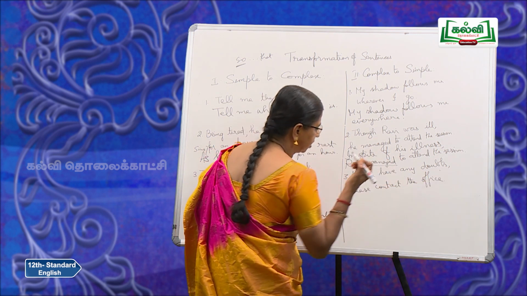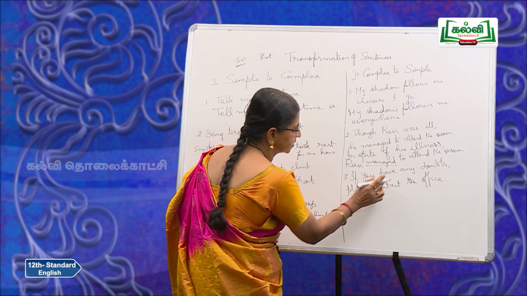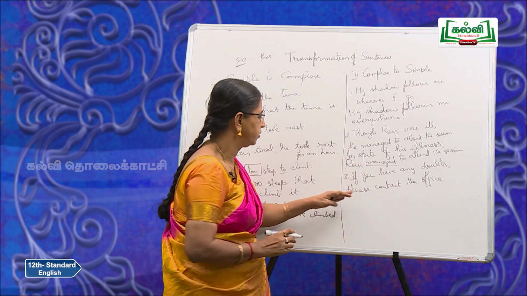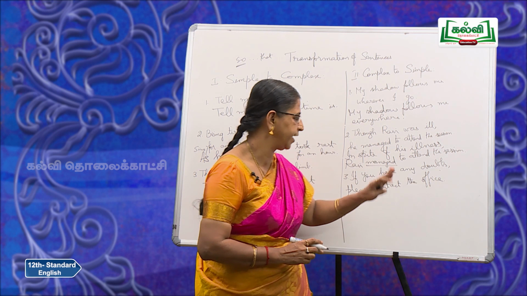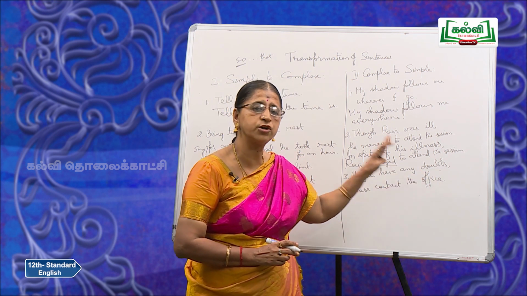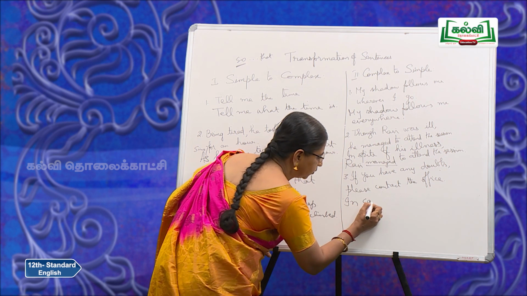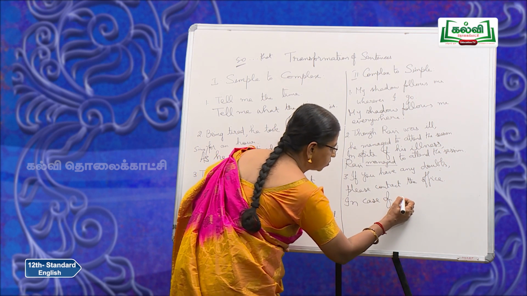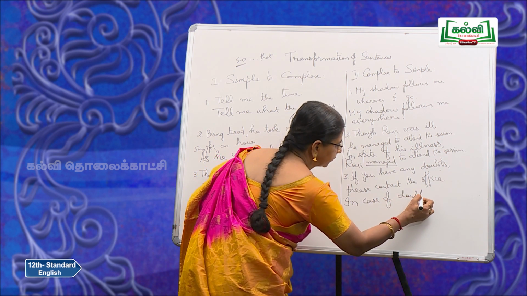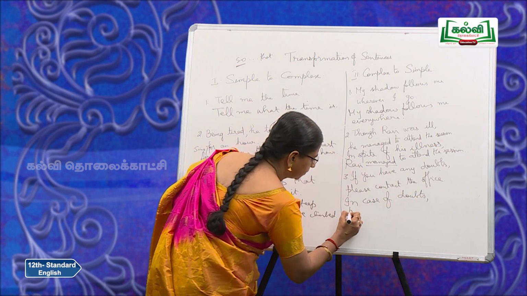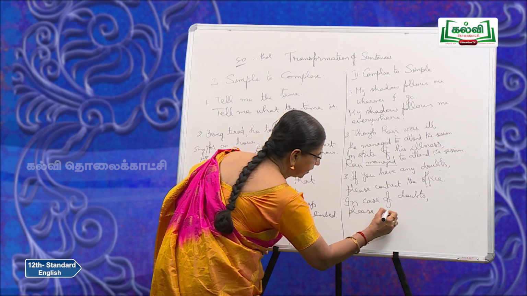Then look at this one. If you have any doubts, please contact the office. Have is one finite verb, contact is another finite verb. So, please contact the office is your main clause. If you have any doubts is your subordinate clause. So, you could replace it with these words, in case of doubts or in case of any doubts. In case of doubts, please contact the office.